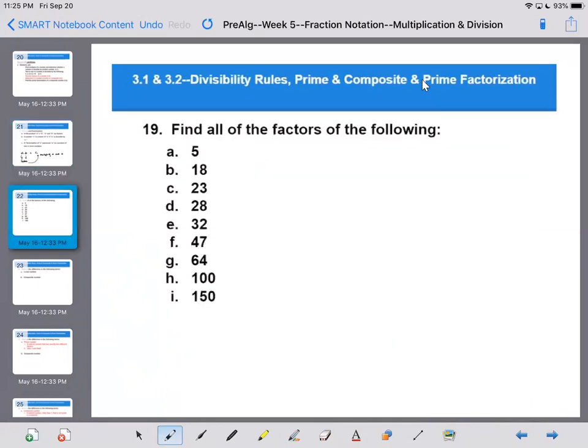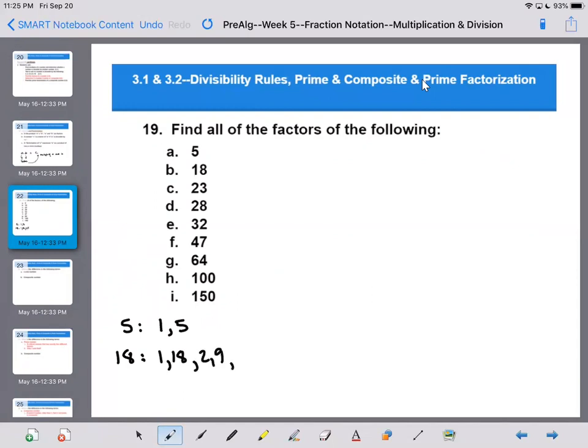Now, let's think of factors of the following numbers. If we talk about 5, then we're thinking about what numbers multiply to give us 5. Well, that would be 1 and 5. What about 18? Think about the numbers that multiply to give you 18. Well, that would be 1 and 18. That would be 2 and 9.